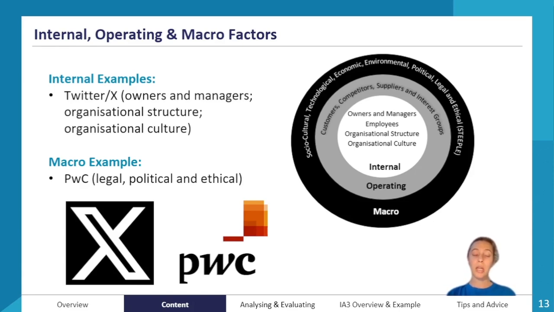A macro example: PwC, which is a financial consultancy company in Australia. It had a bit of a scandal last year, with issues around the practices it was carrying out in that finance sector, and that resulted in some legal, political, and ethical issues.